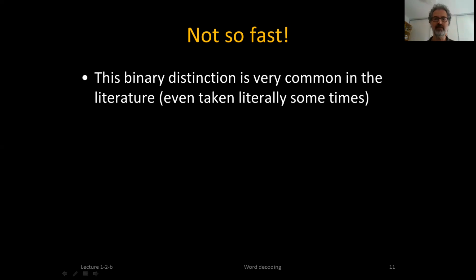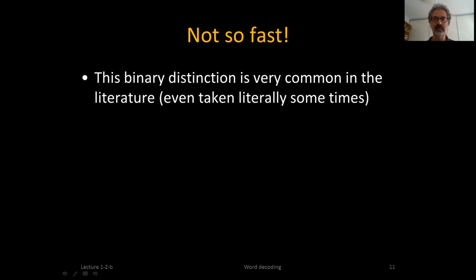Note, we haven't said anything about the processes here. I've only been talking about the difference of the units which are mapped. So in one case, letters are mapped onto phonemes, and in the other case, whole words are mapped onto whole words, orthographic to phonological forms.